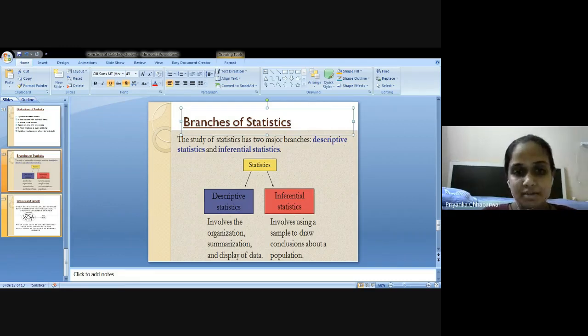Then the second type is statistical inference. In this type, a random sample is used. यहाँ पे लिखा है ना, it involves a sample.